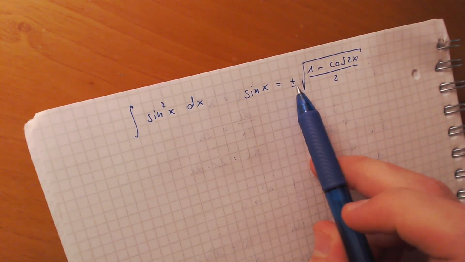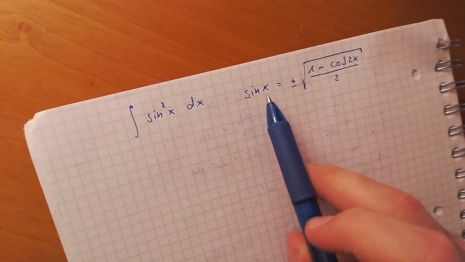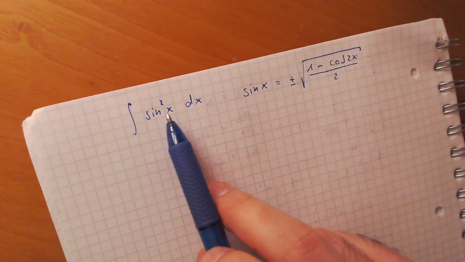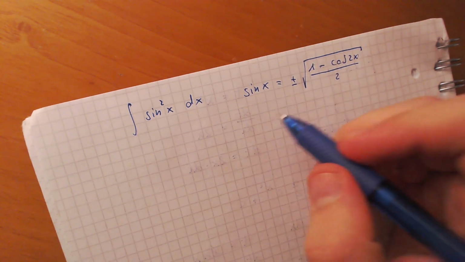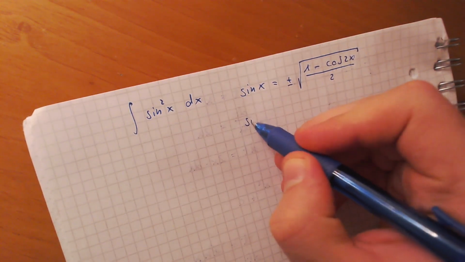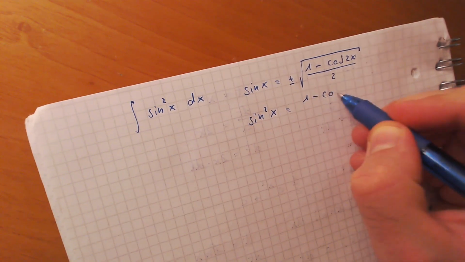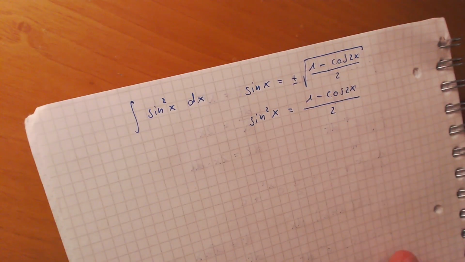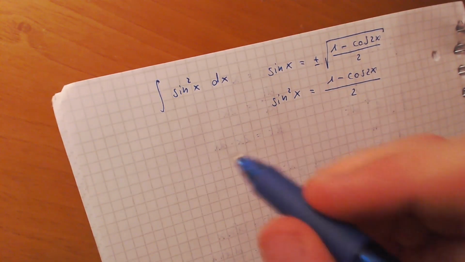Here the sign of this function depends on the value of the angle, but actually here we have sine squared, so the square root goes away, so we know that the sine squared of x will be 1 minus cosine of 2x over 2. Okay, so we can consider this relation to solve the integral.